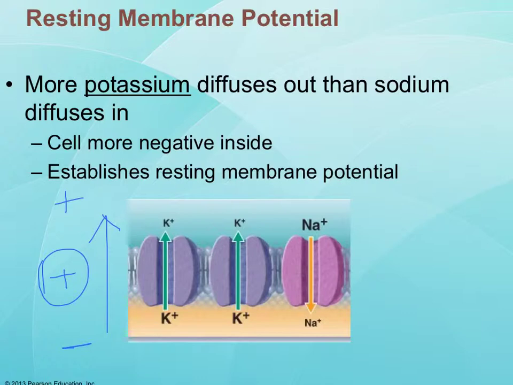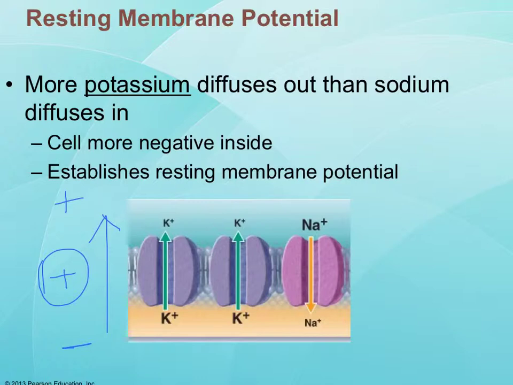However, at some point, the force making the potassium go out from the chemical concentration gradient is equal to the force opposing the positively charged potassium going out to the positive side of the cell, because that is the same charge part of the cell membrane, so there's a resistance.